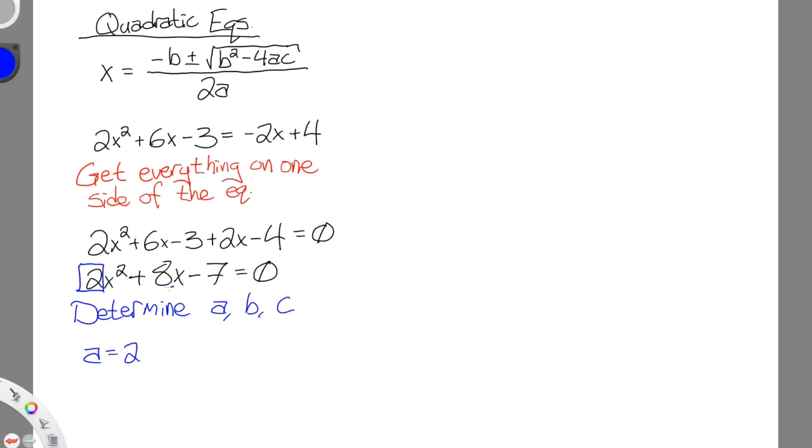B is whatever's in front of the x, so b is going to be 8. And c is just the number by itself, including that negative sign. So if there are any minuses in this equation, make sure you include that in your values for a, b, and c. So here c is negative 7.